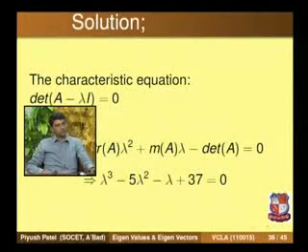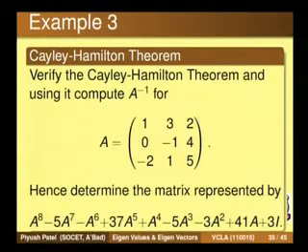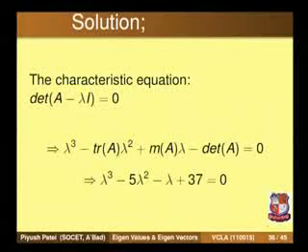So let us start. The matrix given is this one. First of all we find the characteristic equation, and the characteristic equation for 3 by 3 matrices is given by lambda cube minus trace of A lambda squared plus M of A lambda minus determinant of A is equal to 0. When you find the trace of A, you will get 5.